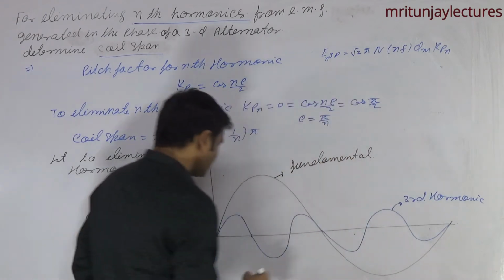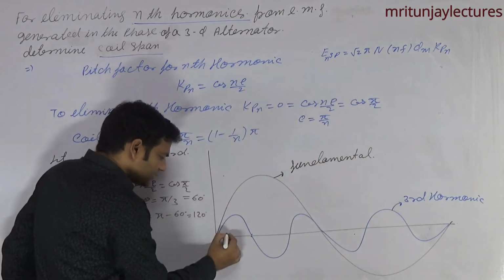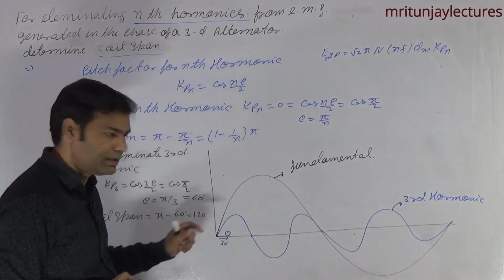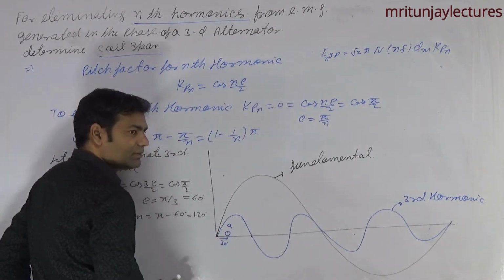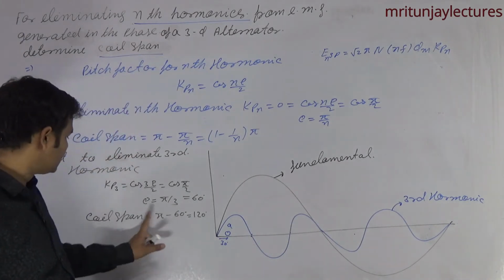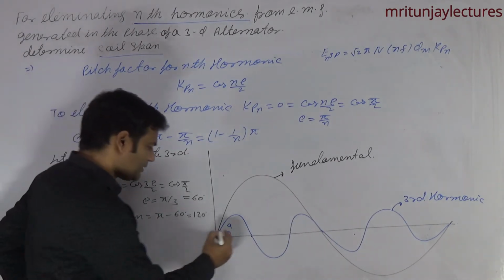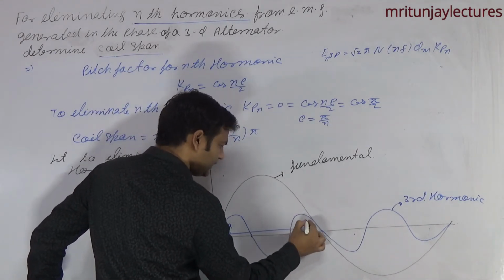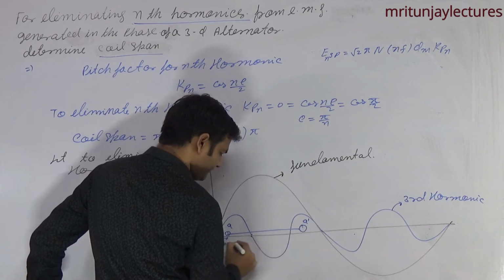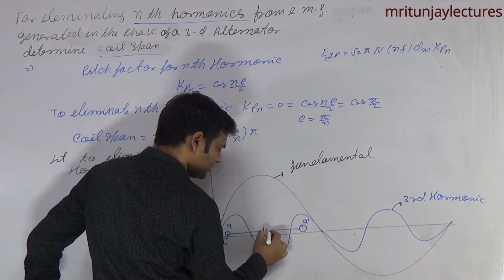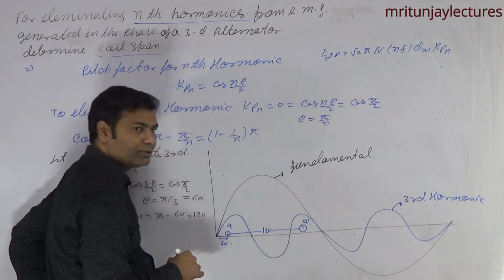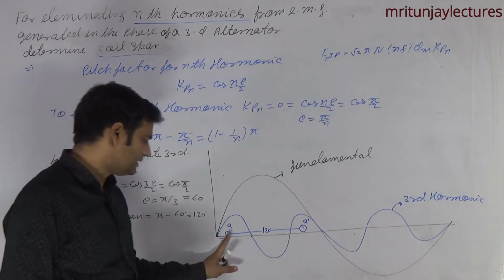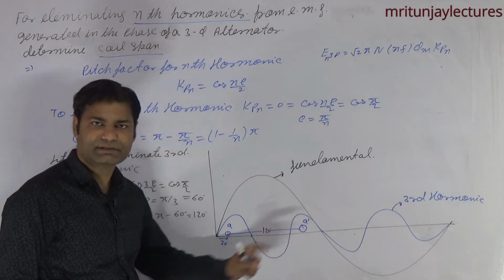Now suppose one coil side is put here, A, and what about the second? According to coil span 120 degree, A dash is put here, 120 degree away. That's why A is here and A dash is like this.